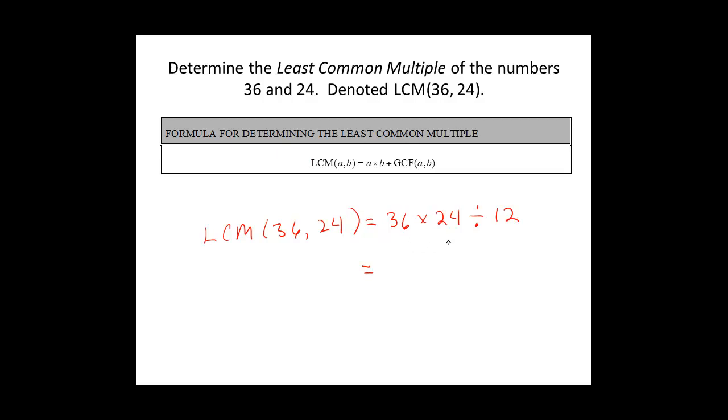So we will multiply 36 times 24 and we get 864. Then we will divide by 12 and we get the number 72. So the least common multiple of 36 and 24 is 72. It is the smallest number that both 36 and 24 will divide evenly.